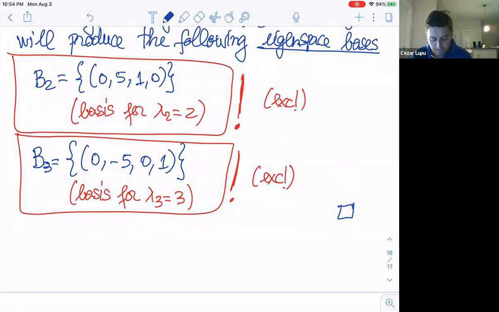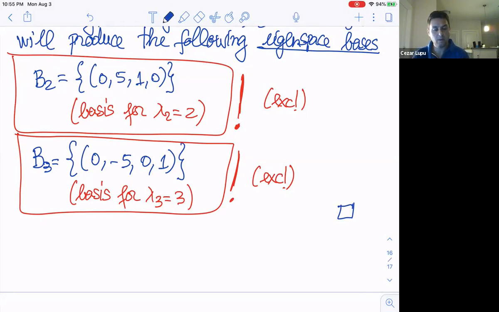It's worth mentioning that there are numerical methods of approximating eigenvalues. When we have, let's say, a 10 by 10 matrix and we want to compute the eigenvalues, there are so-called numerical methods in linear algebra which approximate these eigenvalues.